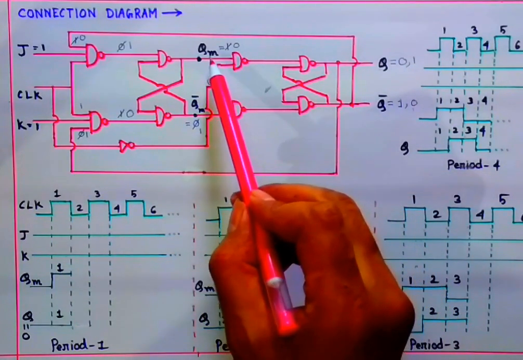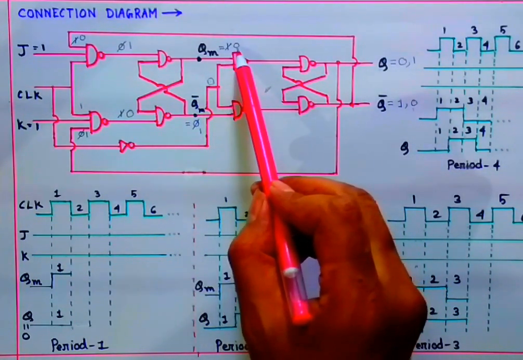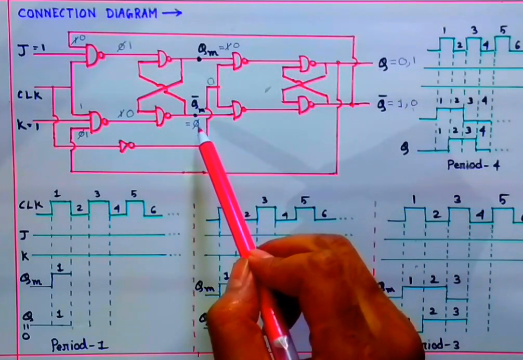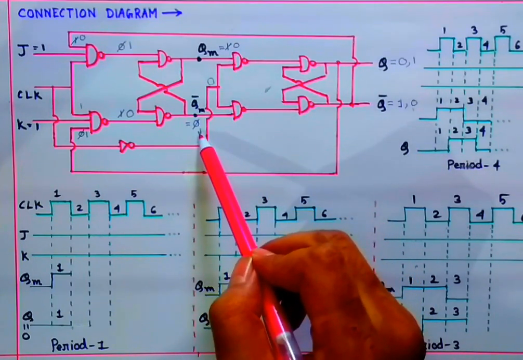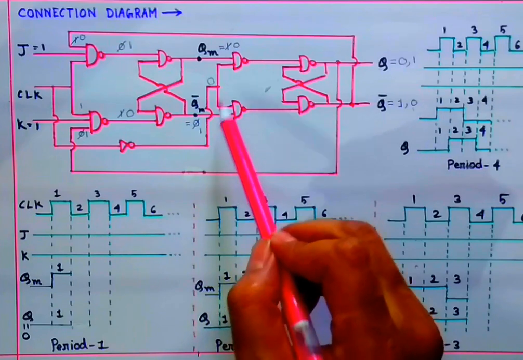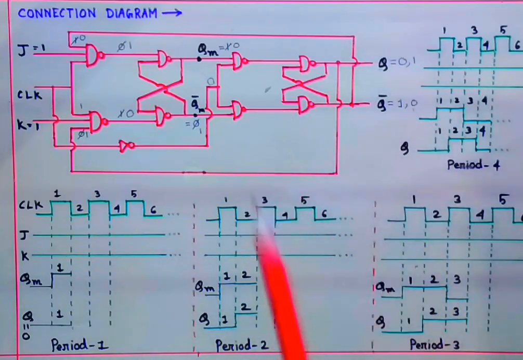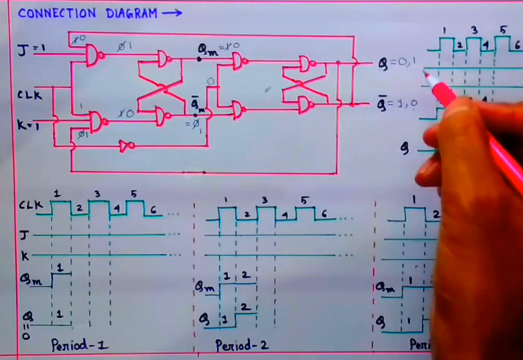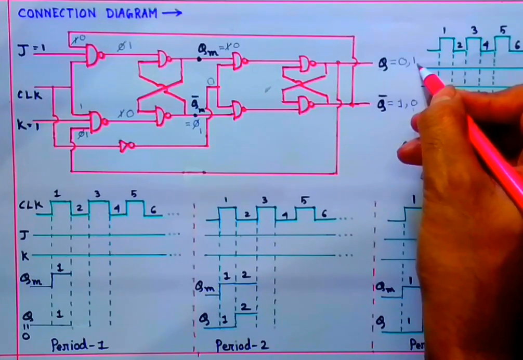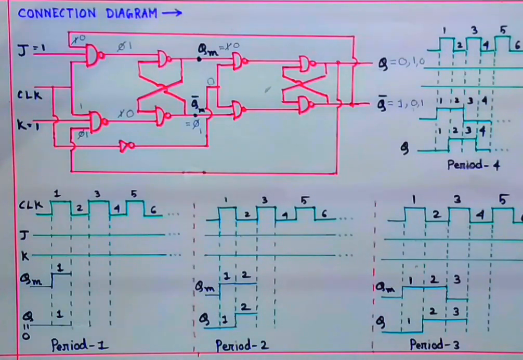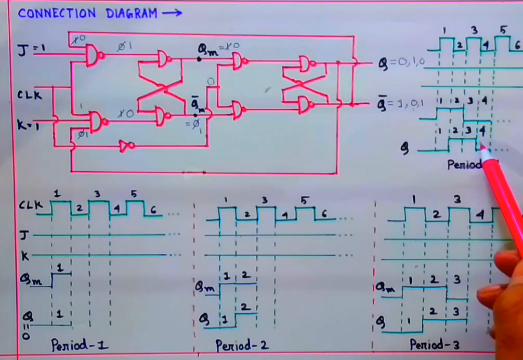And you are feeding this QM value 0 to this JK flip-flop. Now the input to this JK flip-flop is 0, 1, and you know that for the input 0, 1, the JK flip-flop output will be 0, 1. So the Q value becomes 0. That means the Q value jumps from high to low.